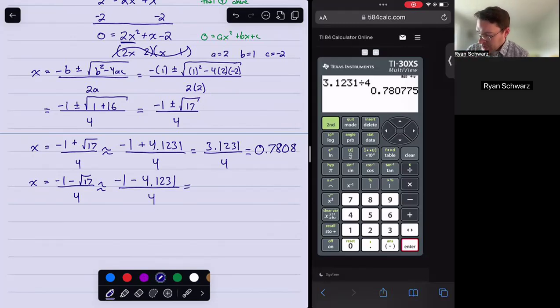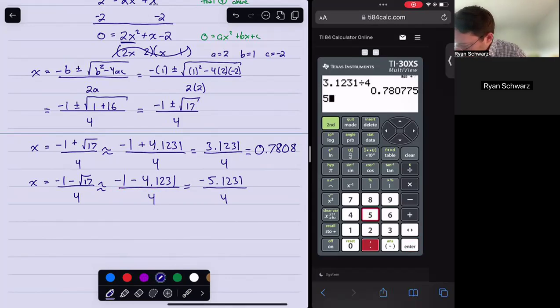So then I have -1 and -4.1231. So this is going to give me -5.1231. And this is all over 4. Okay, so let's type that into the calculator. And we will divide this by 4.